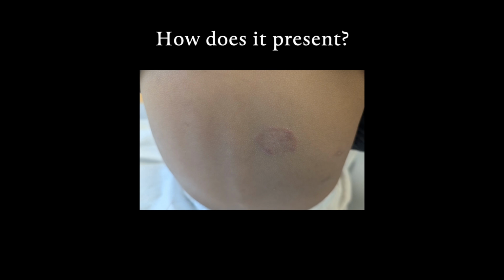So sometimes people around the patient, the mother or the father or an observant brother or sister, would notice a rash and point it out to the patient or to the guardian, and that's how the patient comes to the doctor for diagnosis and treatment.